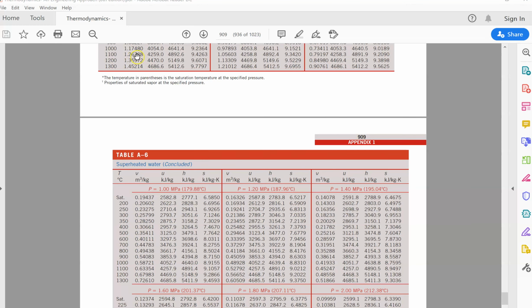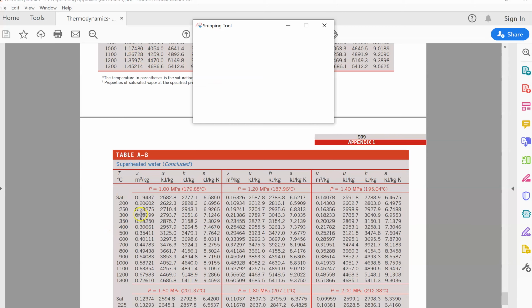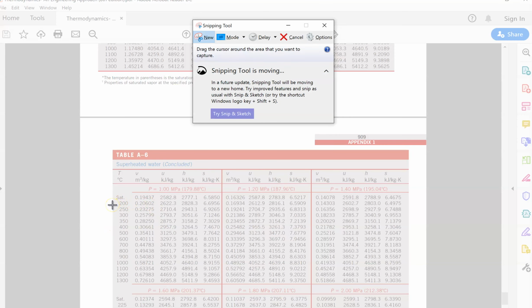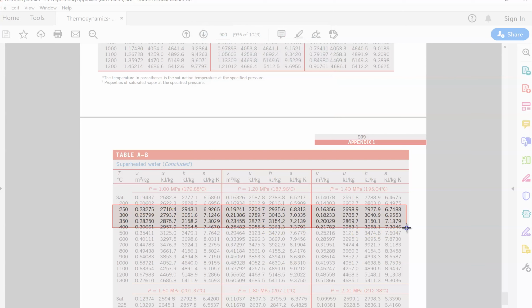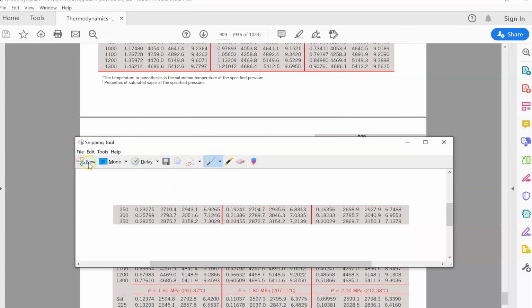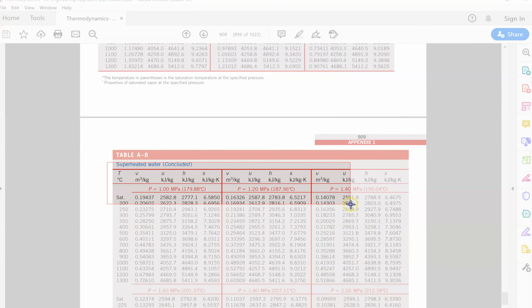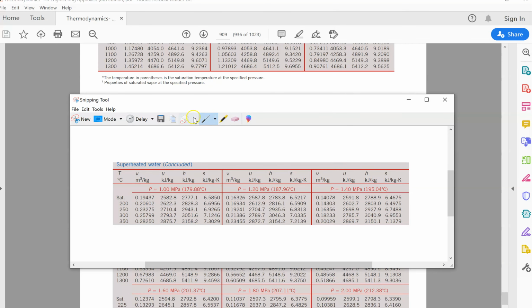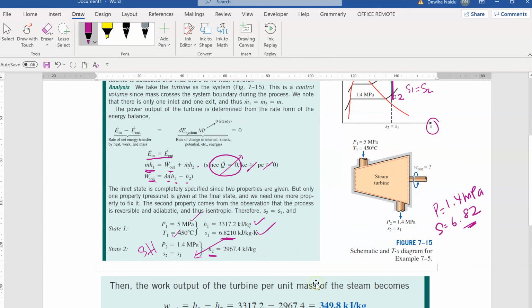So how do you find your interpolation? Oh, I think I better snip the whole thing over here. Easier. Take that, bring it here.